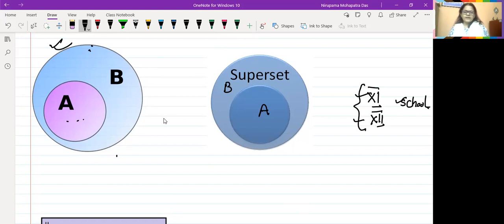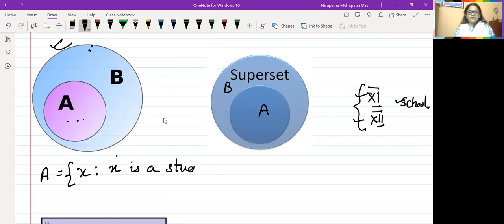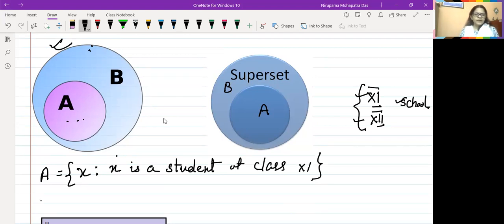Suppose I write A is a set whose elements are X such that X is a student of class 11. Now let me take B. B is a set whose elements are X such that X is a student of the school.